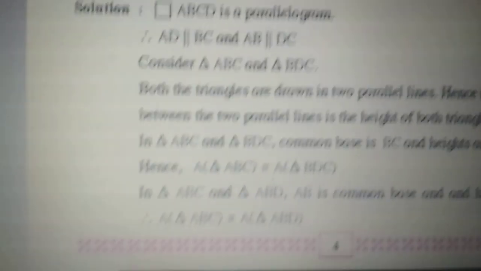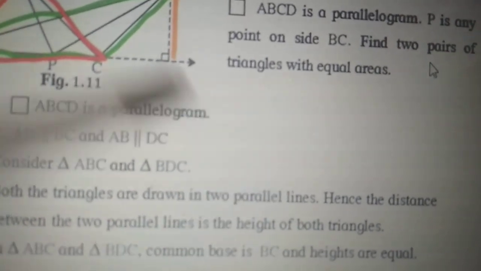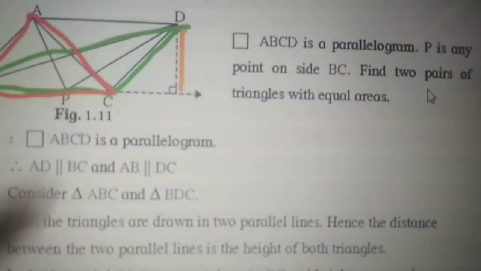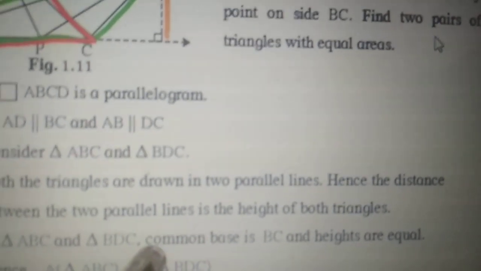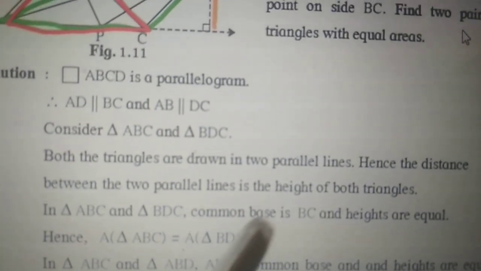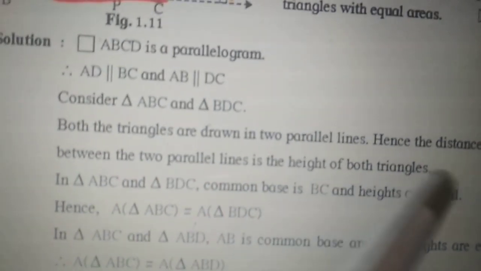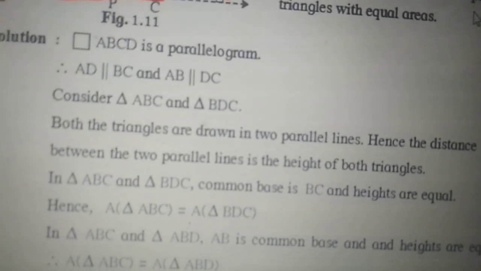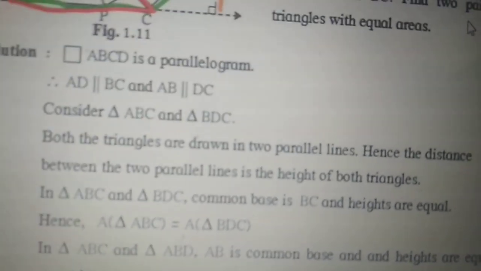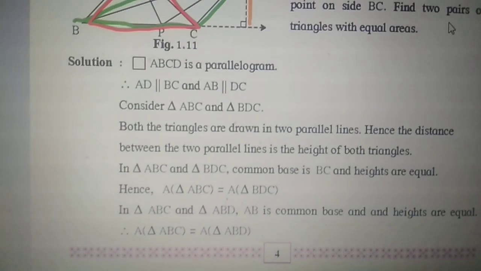Both triangles are drawn between two parallel lines, hence the distance between two parallel lines is the height of both triangles. In triangle ABC and triangle BDC, common base BC and heights are equal. Hence area of triangle ABC and area of triangle BDC are equal. Write down this one again by pause mode.